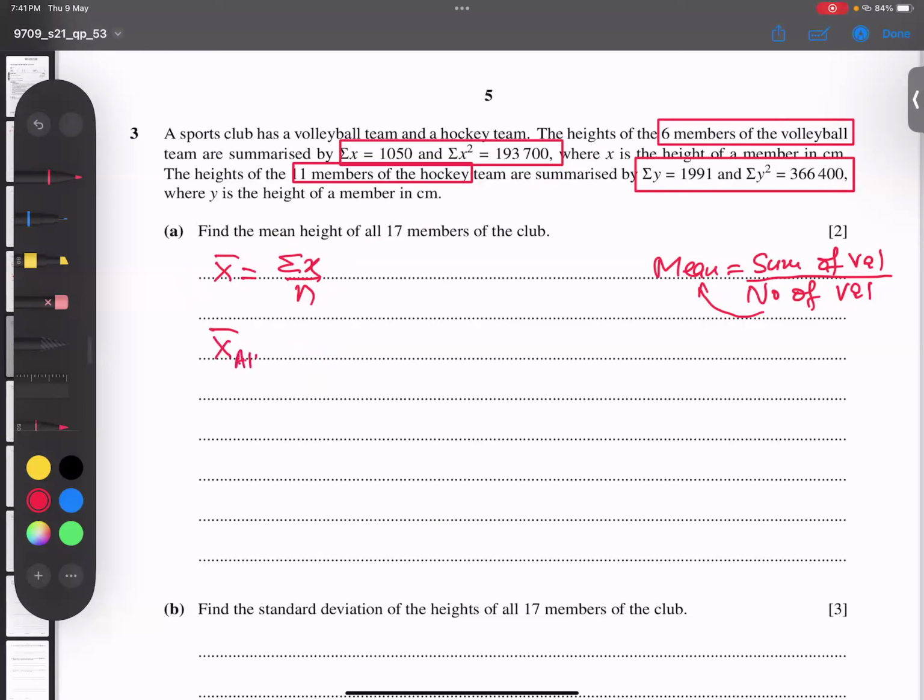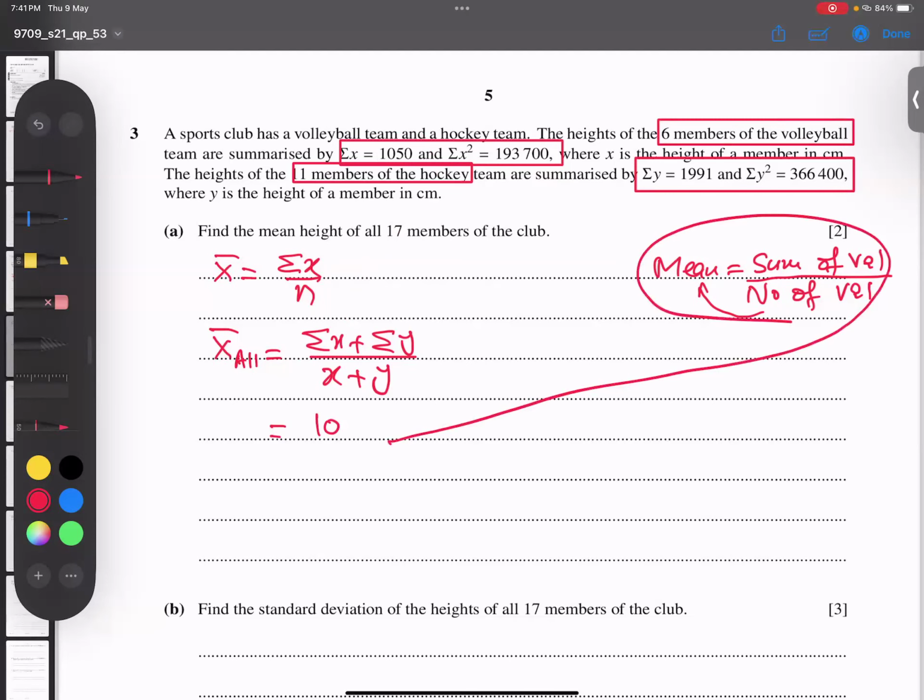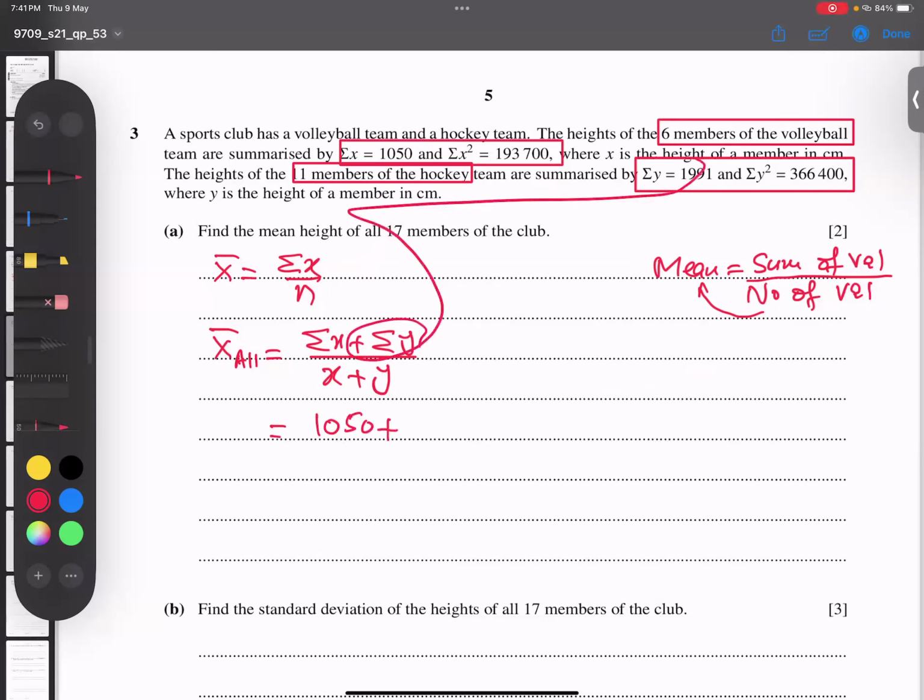I just write a double L, all. So sigma X plus sigma Y. The logic is very clear, and divided by what? X players and Y players. This sigma X means the sum of the values, which is given already. We use this formula only. Okay, I think you understood what I'm saying. So 1050 I'm finding from here, and sigma Y I get from here, 1991.